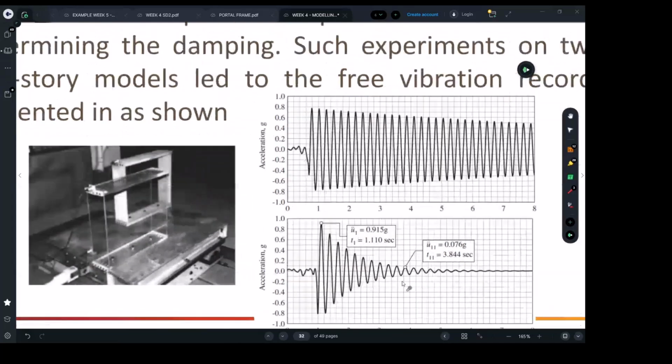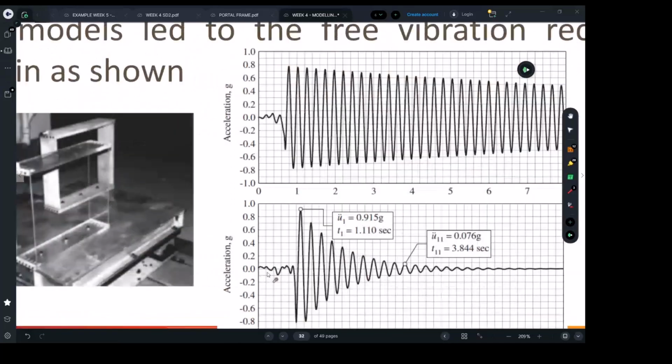So basically what we are doing, we're trying to pre-disturb the structure, whether by acceleration or velocity. Then we're going to be recording the response, whether acceleration or displacement. And then we're going to answer our questions by using the formulas we showed you.